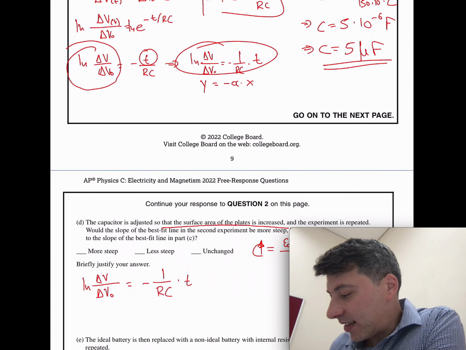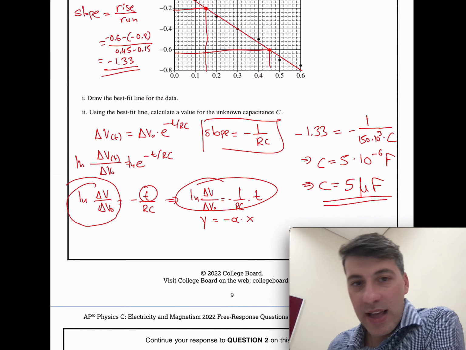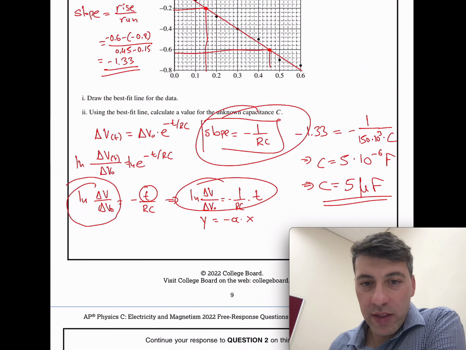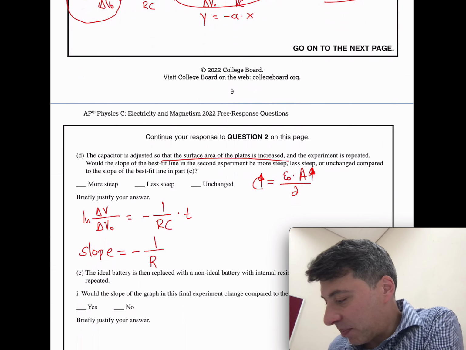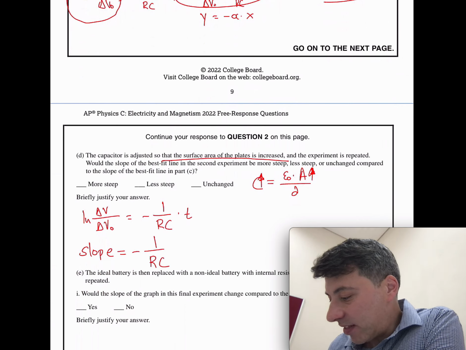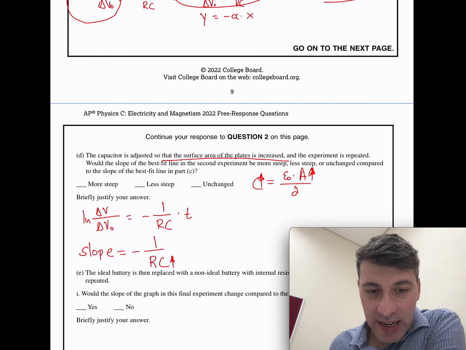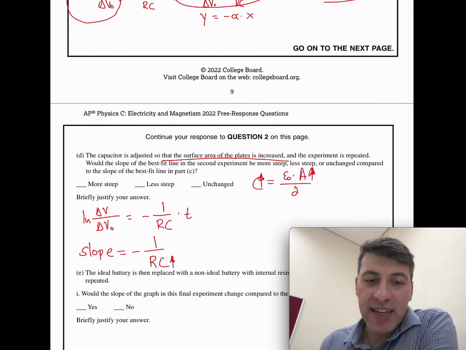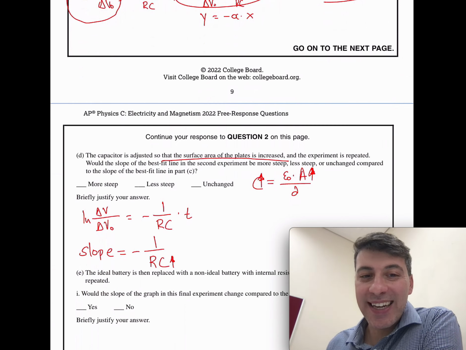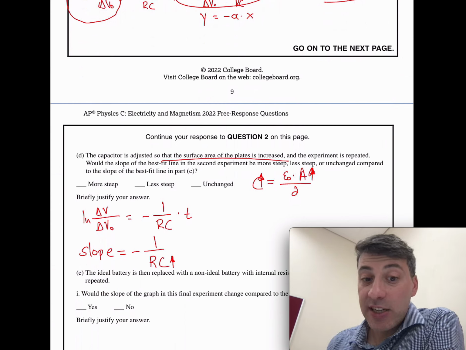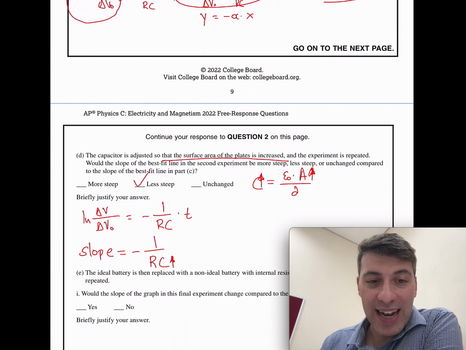Actually, we said that the slope is minus 1 over RC. It is clearly given that the capacitance increases, so since the slope and the capacitance are inversely proportional, it means that the slope will be decreasing as a value. Since the slope decreases as a value, this means that it will become less steep.